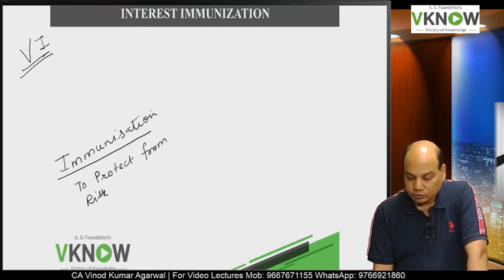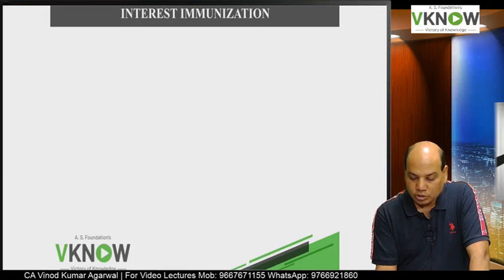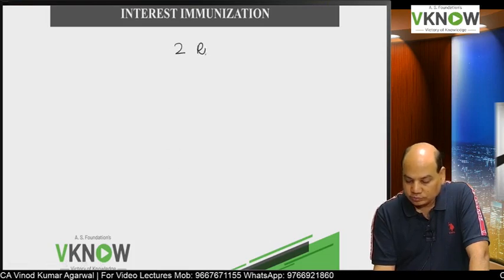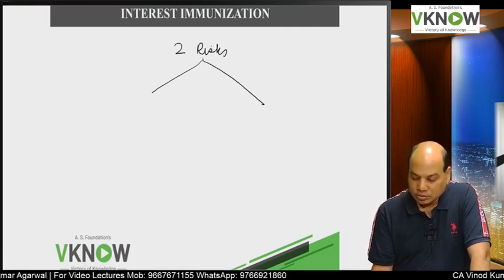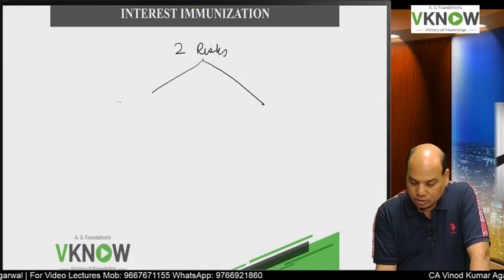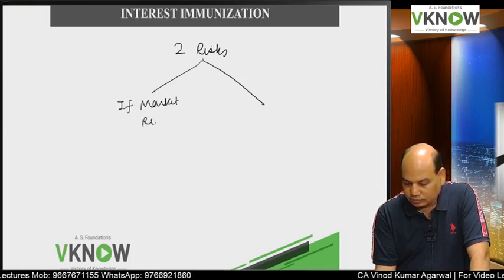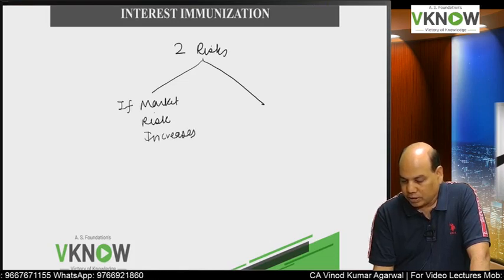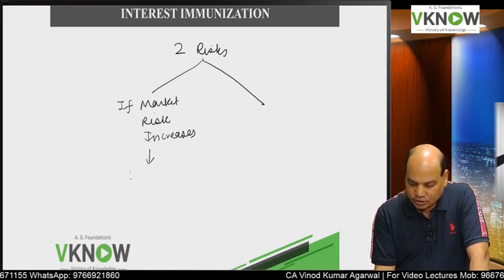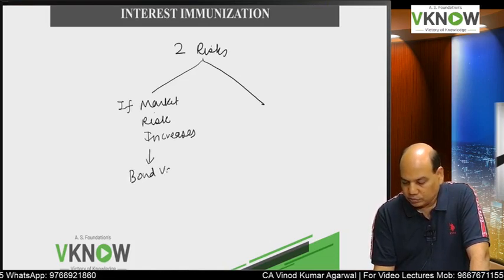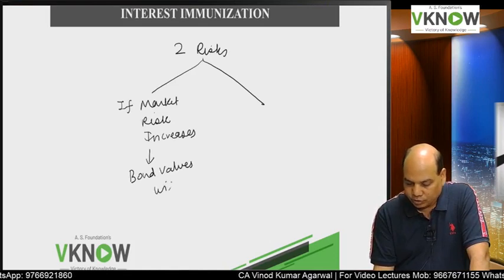Is it right? Now what is the risk of holding a bond? There are two risks of holding a bond, for the purpose of interest immunization discussion. One is that if market interest rate increases, the risk is that bond value will fall.